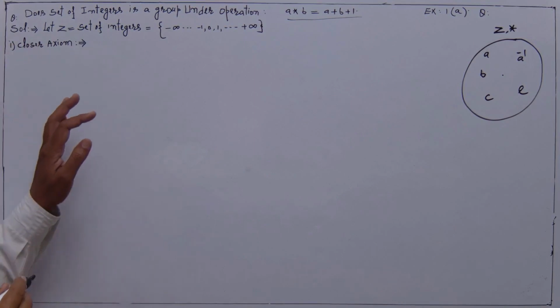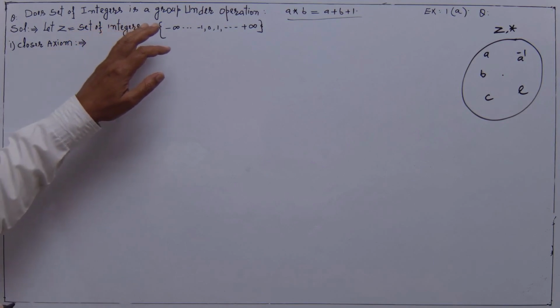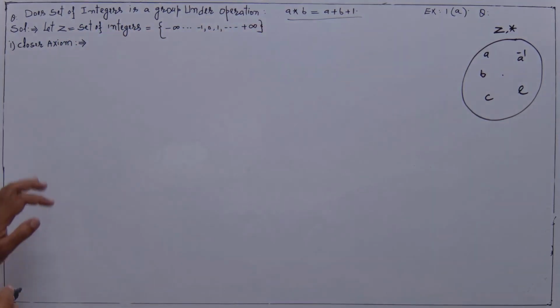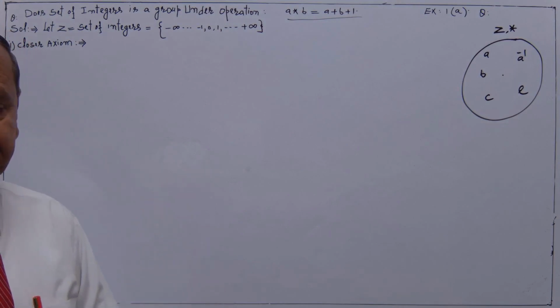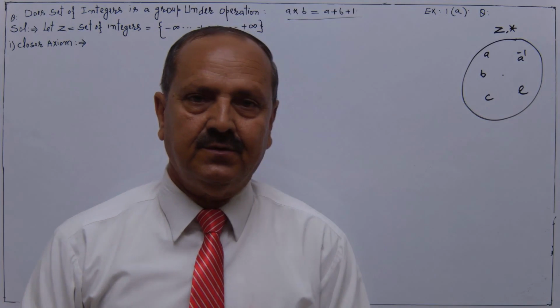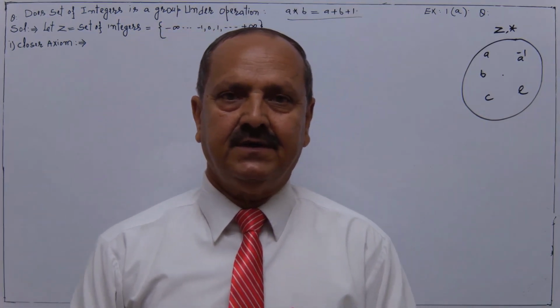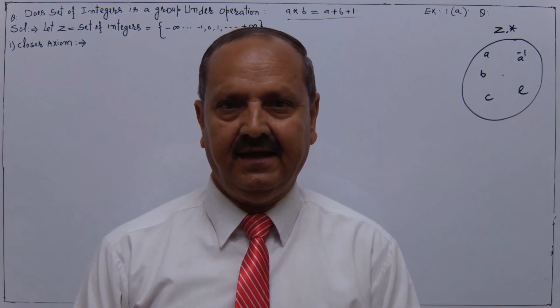We have to show that integers is a group under this operation. For showing it to be a group, we have to verify the four axioms: closure, associative, identity, as well as inverse axiom.